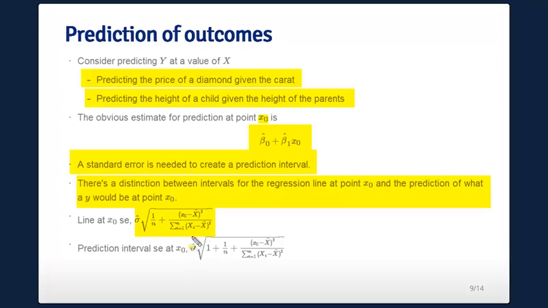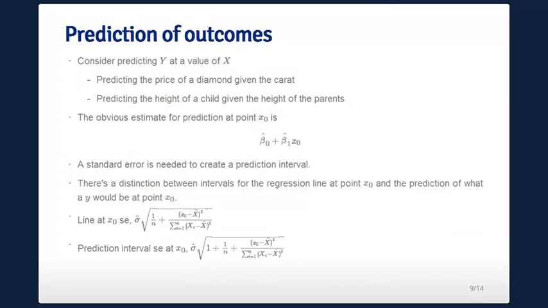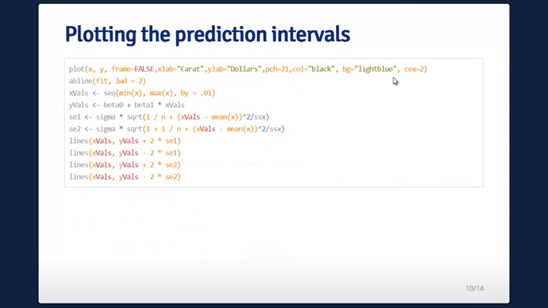And for the prediction interval, you get this standard error. The only thing different is that 1 right there. So you get a wider interval for the prediction interval. So let's see what it does. We'll go through our code, and then we'll see what it does, and I think you'll understand it better.